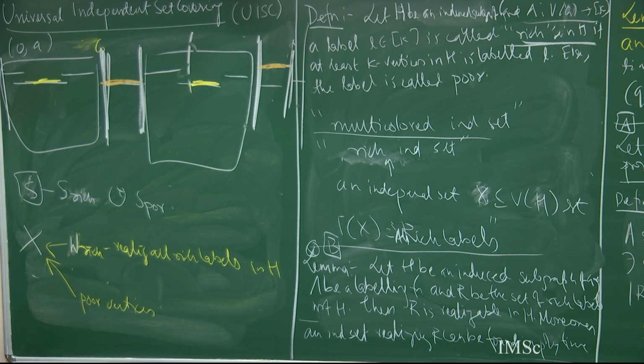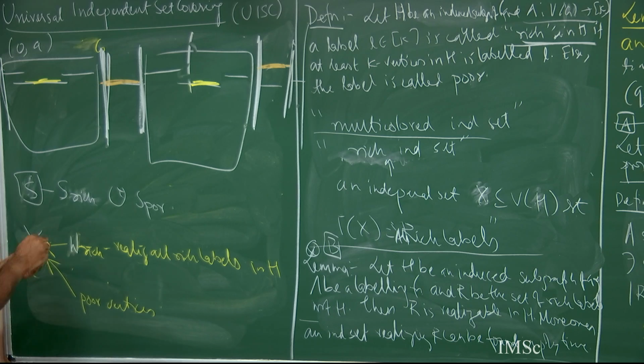How many such pairs are there? How many such graphs can I construct? K to the power 4. Because there are k square vertices, there are 2k square endpoints, and I am saying for any pair of endpoints, I don't know which one of them will go and which one of them will go. I cannot say, okay, let's look here, because there are many poor labels.